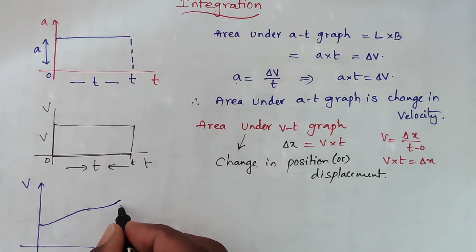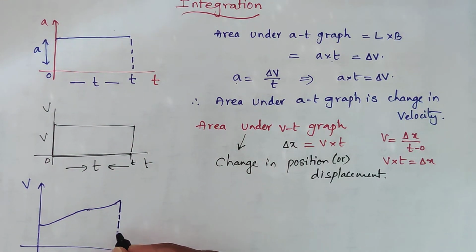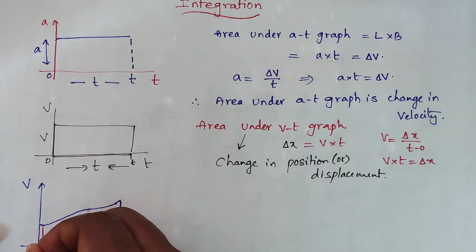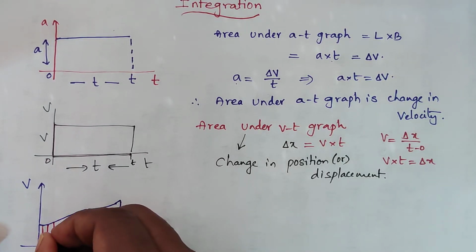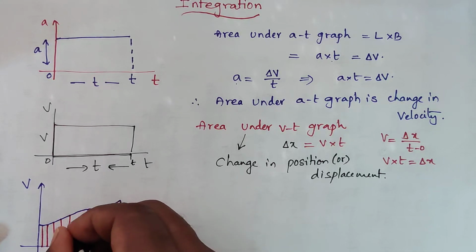We cannot find out the area by using any formula directly. So in such a case, we need to divide this total area into small strips like this.